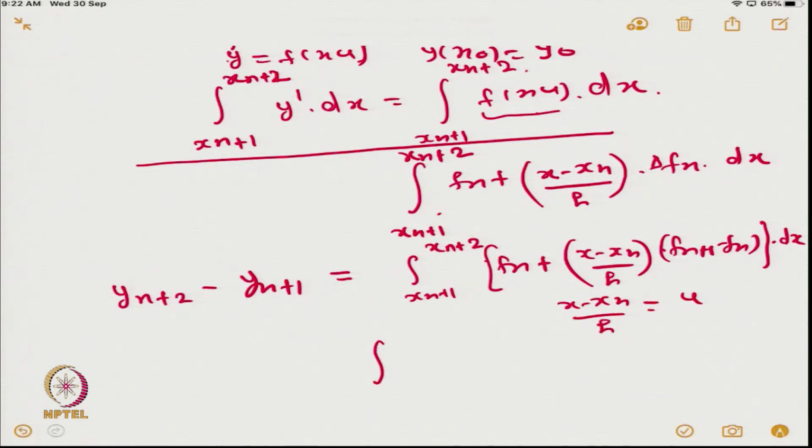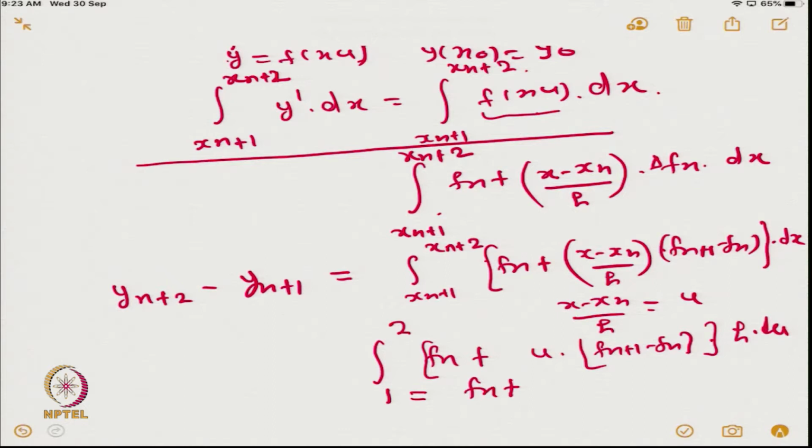So, in that case the limit of u will become this, and this will become h du. So, this will become f n 3 by 2, because u square by 2 when I will substitute 2. So, 2 minus 1 by 2, which will become this.